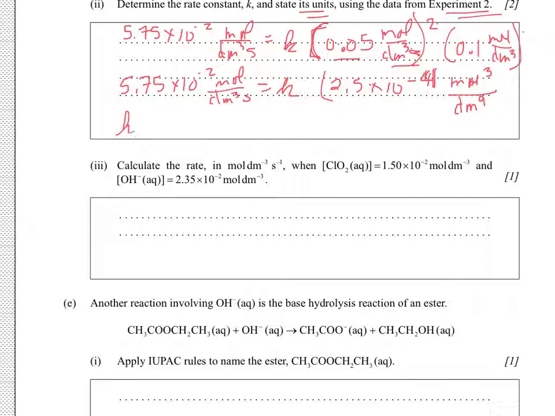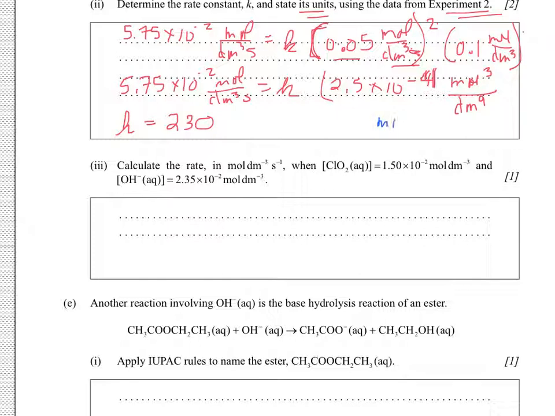So K is going to be 5.75 times 10 to the negative second divided by 2.5 times 10 to the negative fourth. So I get 230.